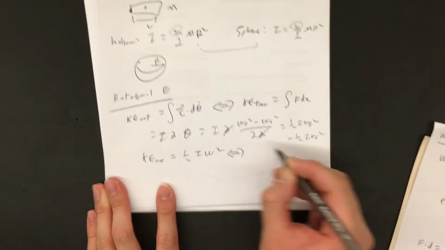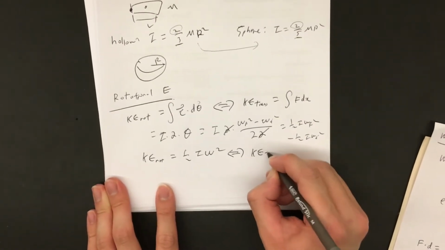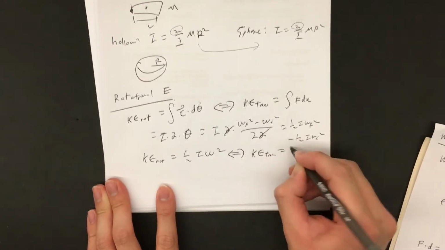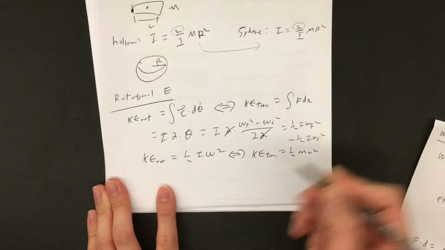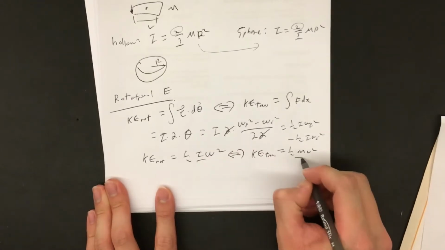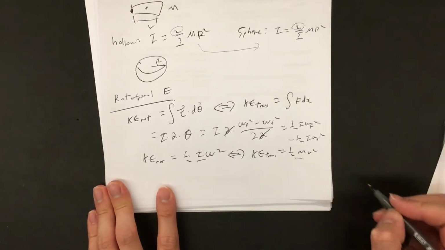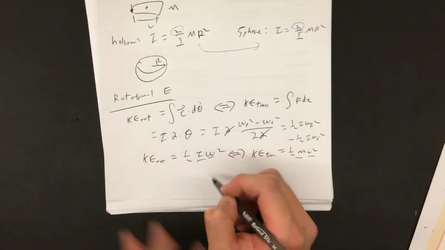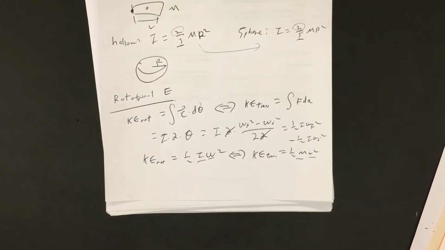Note that this is parallel to the translational kinetic energy, 1/2 mv squared, where again mass is parallel to inertia and velocity is parallel to angular velocity.